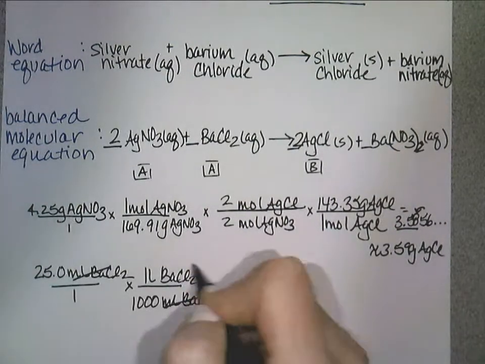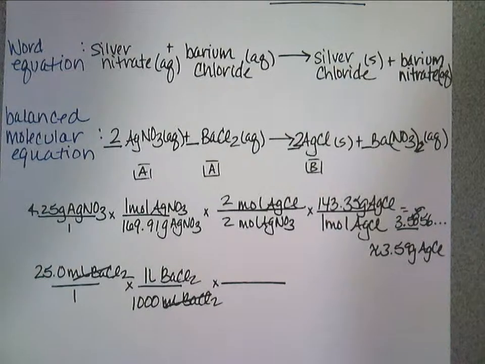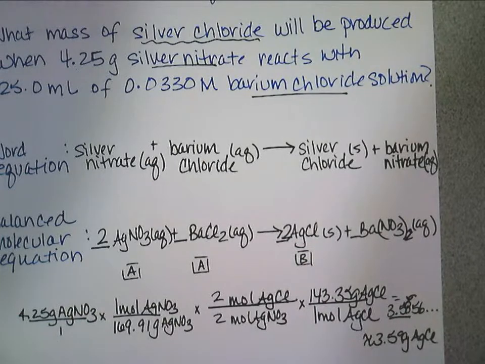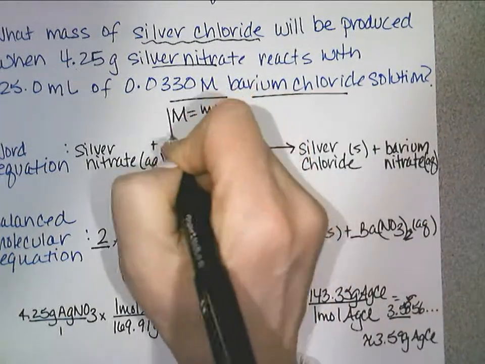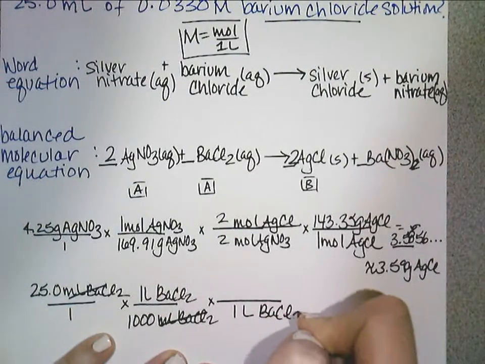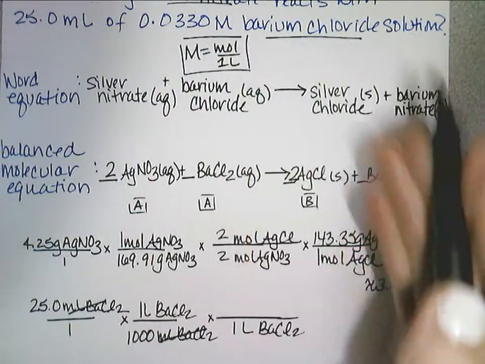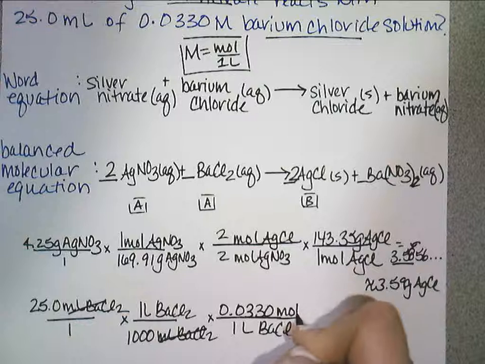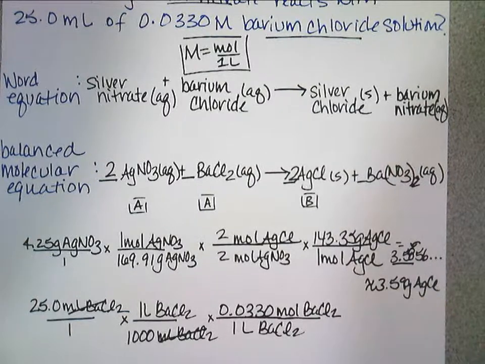Now we have liters, so that's the volume of BaCl2 solution, and we know from the molarity from the problem, because remember that big M equals moles per liter, that in 1 liter of BaCl2 there are 0.0330 moles of BaCl2.